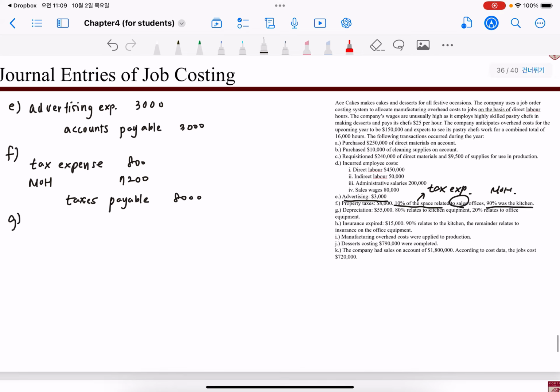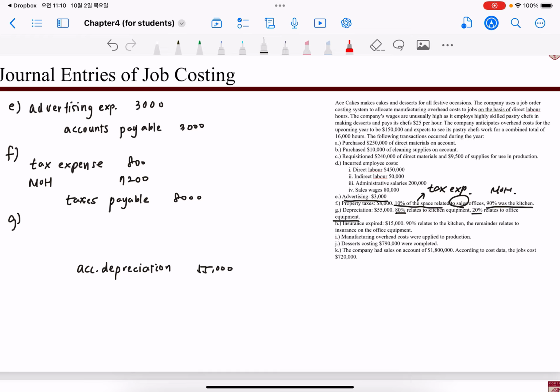Now for G, we have depreciation. Normally, when we have depreciation, we credit the accumulated depreciation, which is a contra account for the assets, right? And that amount is $55,000. And it says that 80% is related to kitchen and 20% related to equipment.